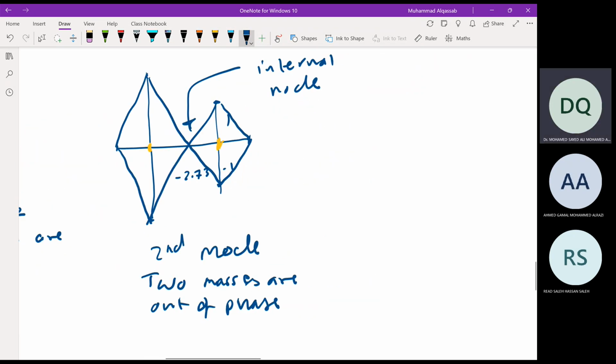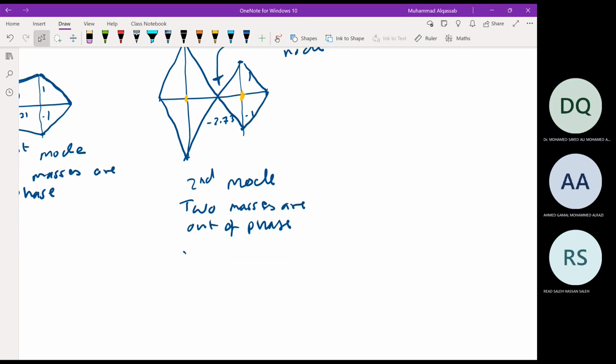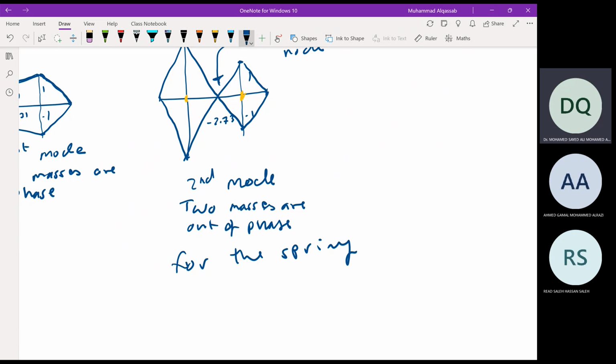So for the springs on the ends, they are either under tension or compression. When the mass M is moving to the right, the spring is under tension.